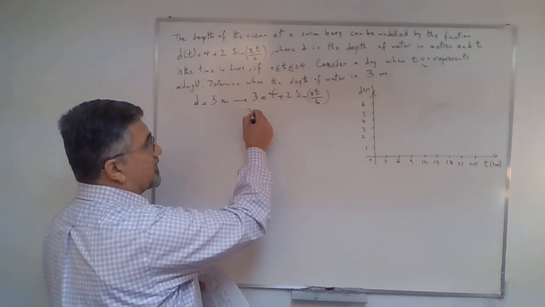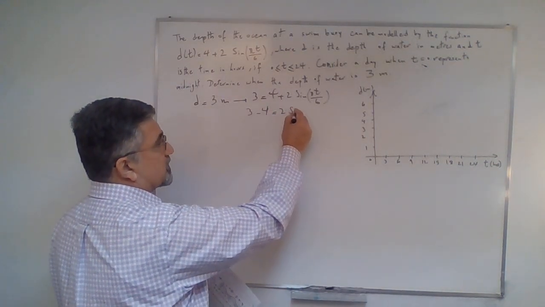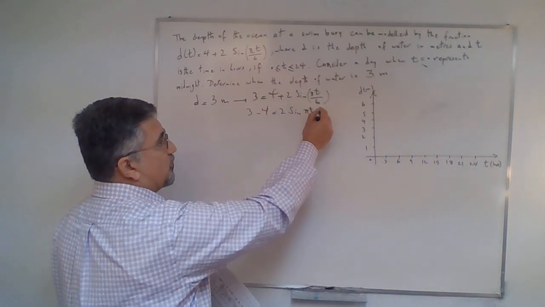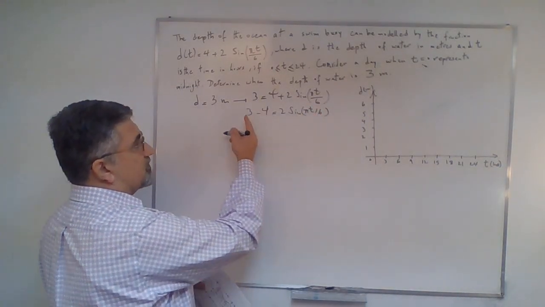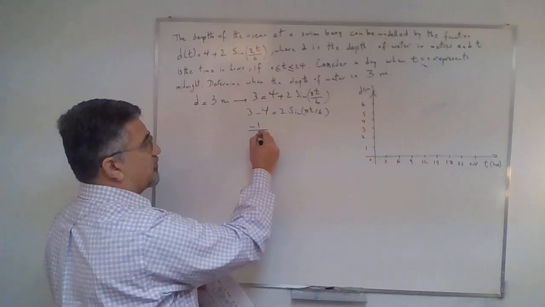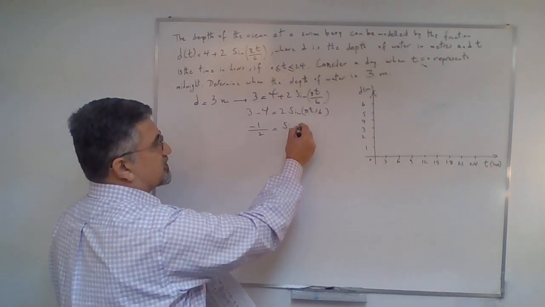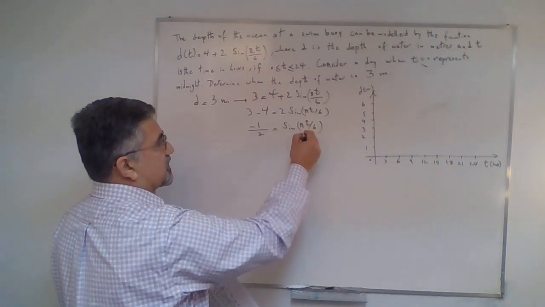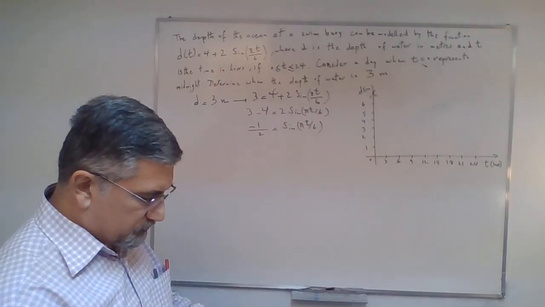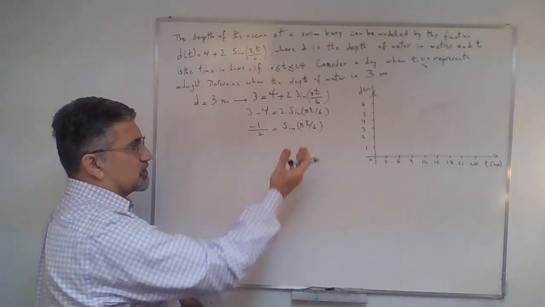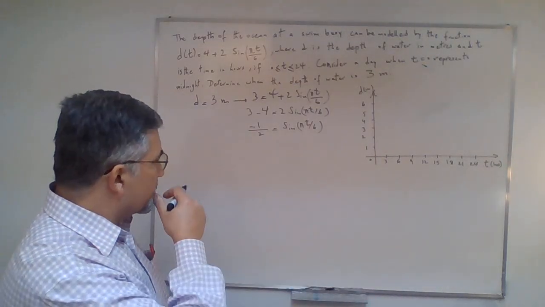So I'm going to go 3 minus 4 equals 2 times sine of pi t over 6. And 3 minus 4 is negative 1. Dividing both sides by 2 gives me sine of pi t over 6 equals negative 1/2. So this is a trigonometric equation.